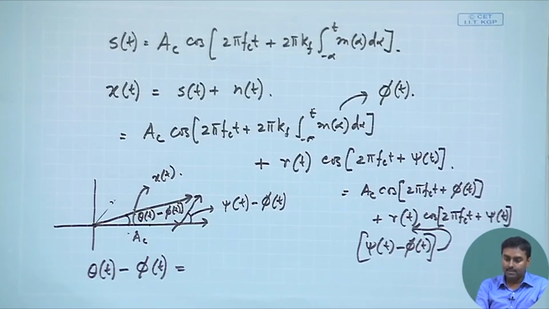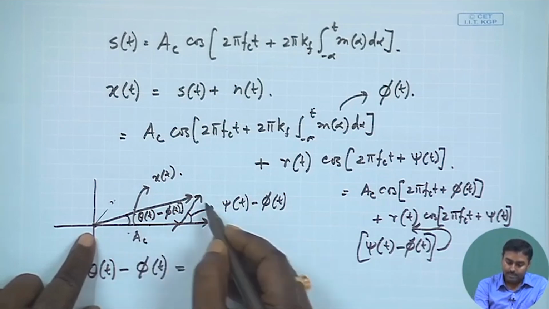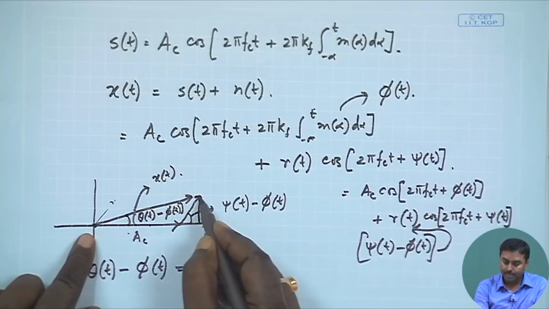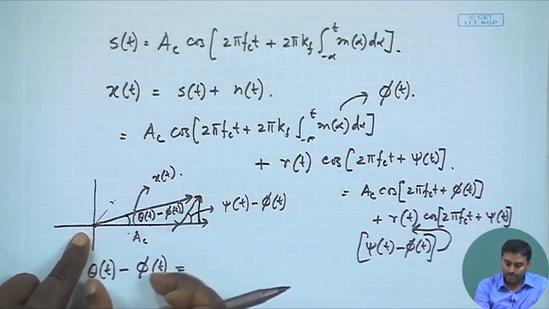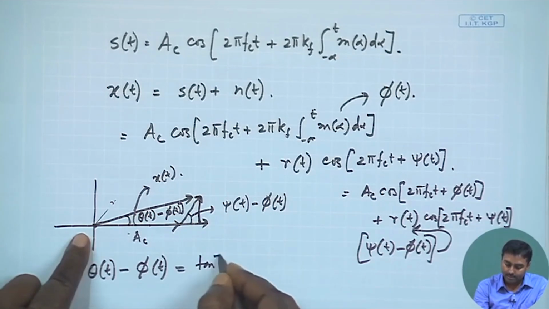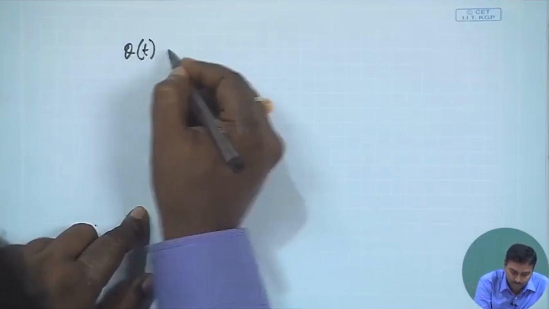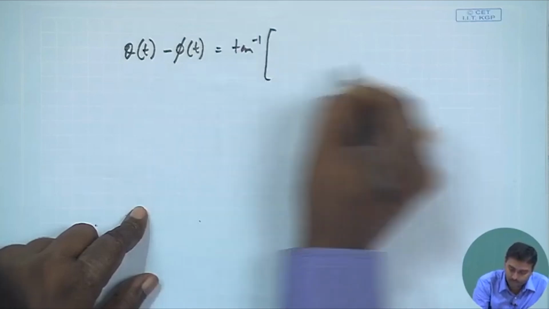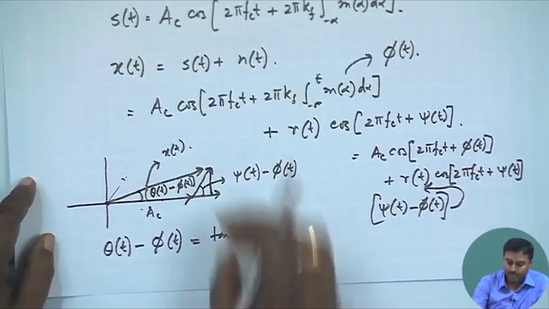How do I represent that? Basically, I can see from the phasor diagram that tan of this must be this divided by this. If I put a perpendicular from this point to this point, this entire thing divided by this entire thing. So, this angle theta t minus phi t should be tan inverse of, let us see the diagram, this divided by this.